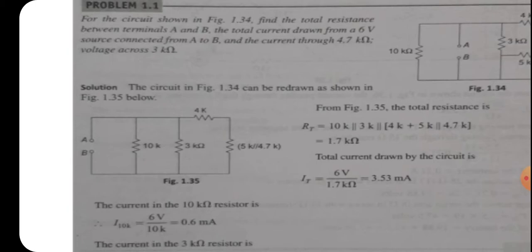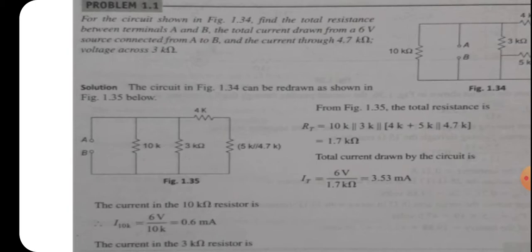Next, you are asked to find out the total current drawn from a 6 volt source connected from A to B. That means a 6 volt battery is connected to terminals A and B. You assume that a 6 volt battery is connected between A and B. Then you are asked to find out the total current.